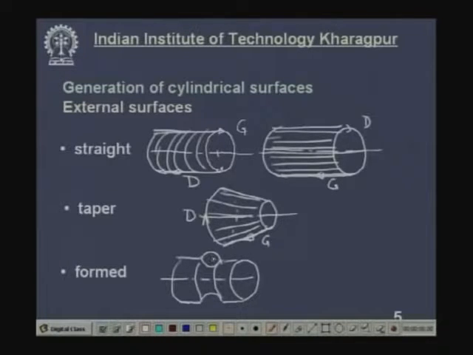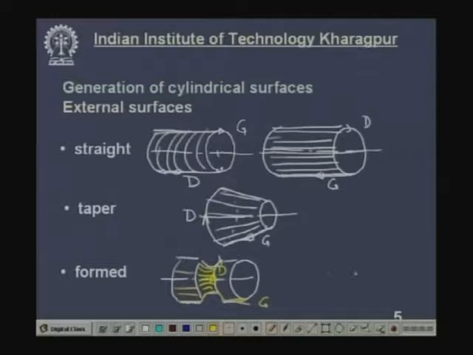So, this will produce a surface like this. That means, this is the generatrix, which is rotated about this axis along this circular path. So, this is the directrix.